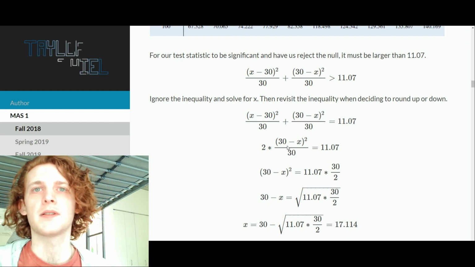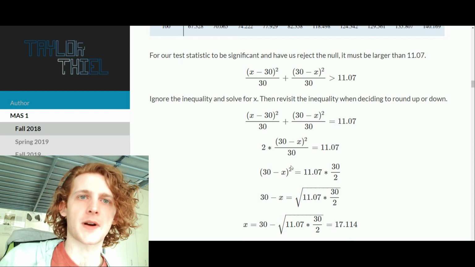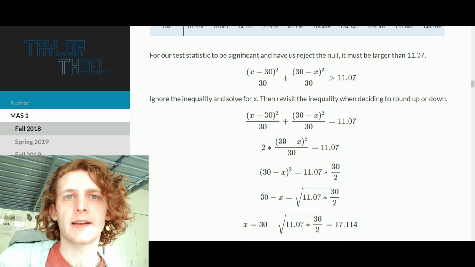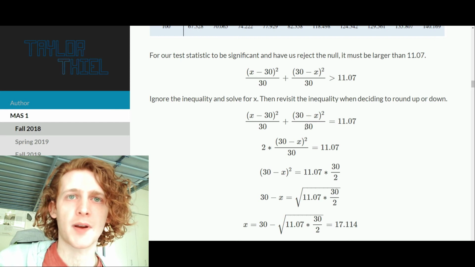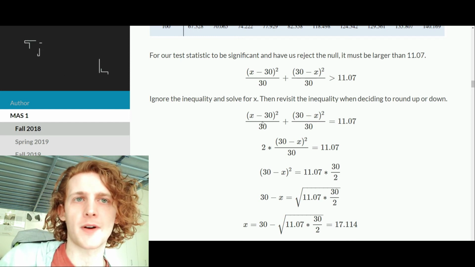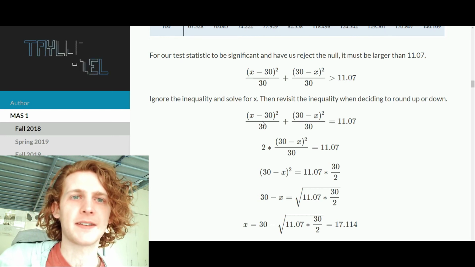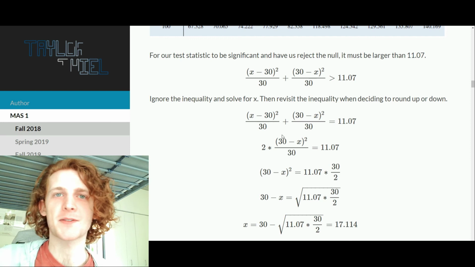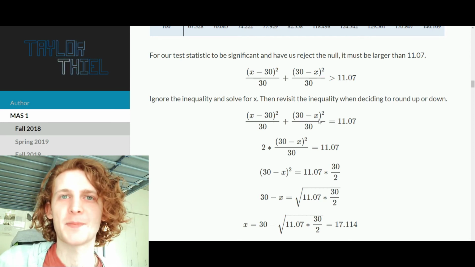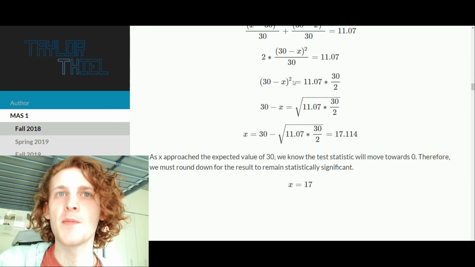So we're doing 2 times 30 minus x squared divided by 30, and I did choose this one on purpose because if you choose the other one, then you have a negative value you're squaring, and then you have to deal with negative values and squares and square roots, and picking the other one's just simpler. It's all the same.